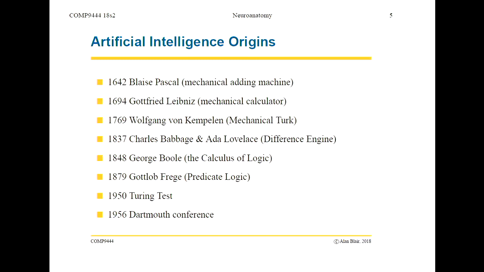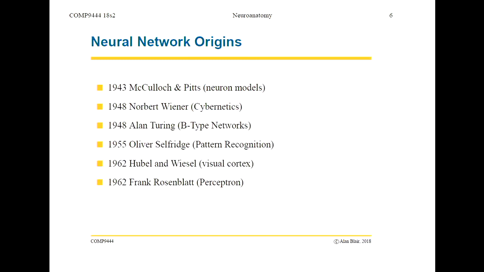So that's AI in general. Now, if we concentrate specifically on neural networks, in 1943, McCulloch and Pitts published a mathematical model of a single neuron in the brain. So we'll get onto that a little bit later this hour.